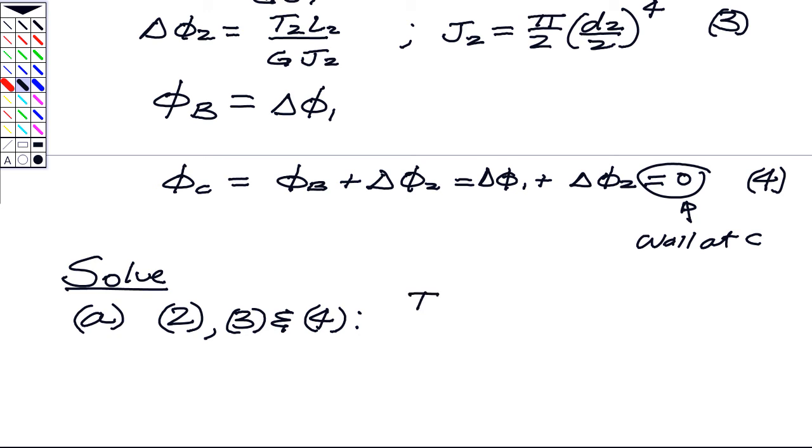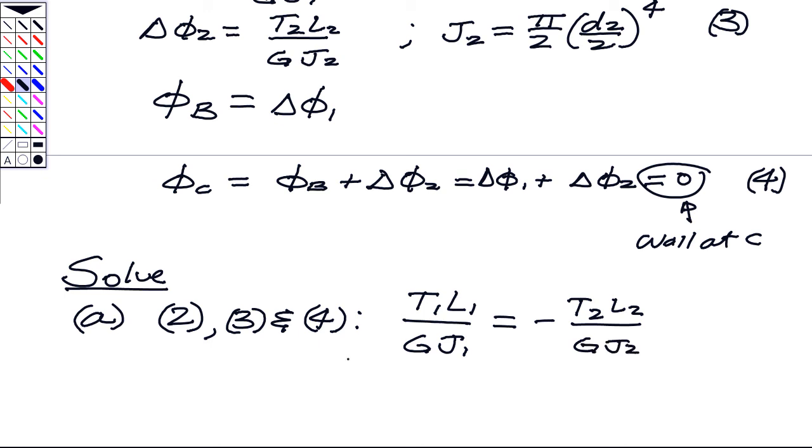This becomes T1 L1 divided by G J1, and that's equal to minus T2 L2 divided by G J2.